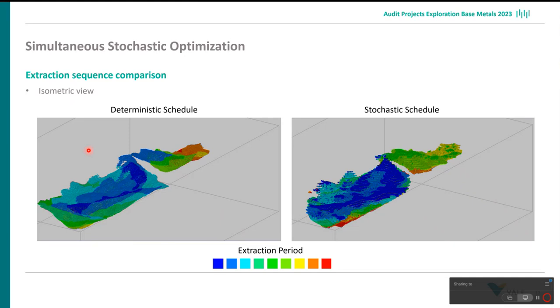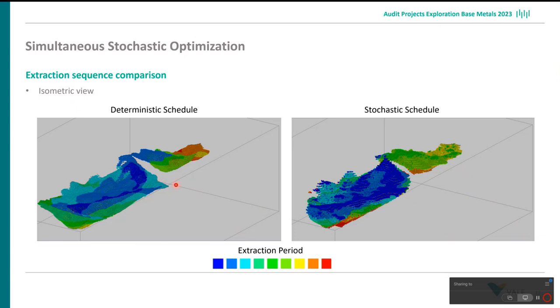So I'm just comparing the schedules here. On the right-hand side you have the stochastic, and the left-hand side has the deterministic schedule. We can see that physically the extraction sequence has changed. We still have some resemblance, such as these two satellite pits here, and the pits over there.